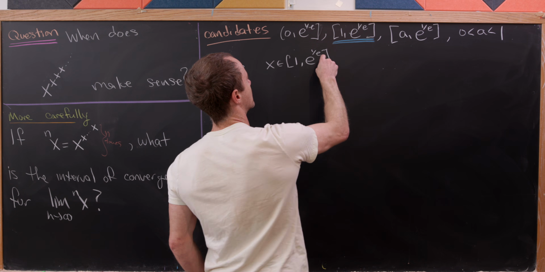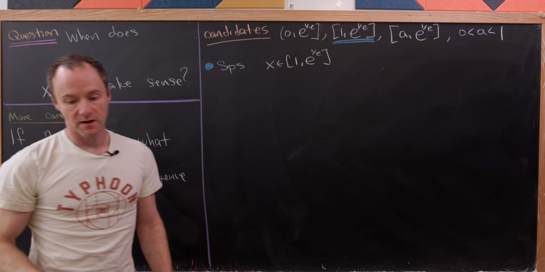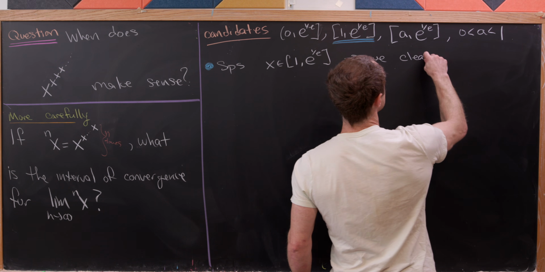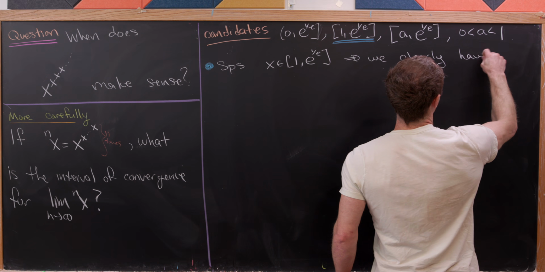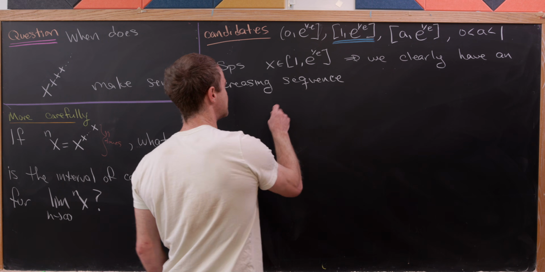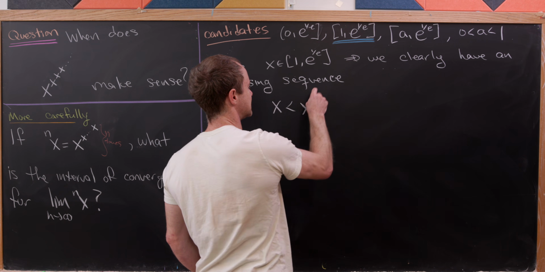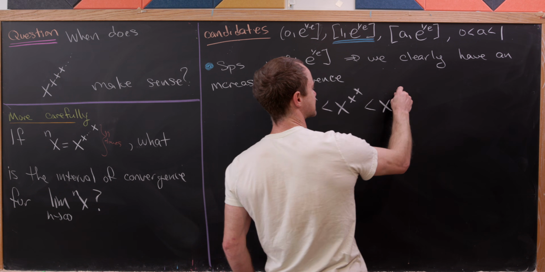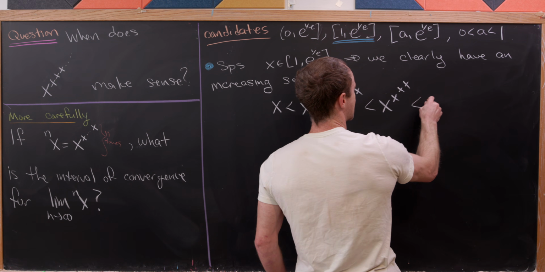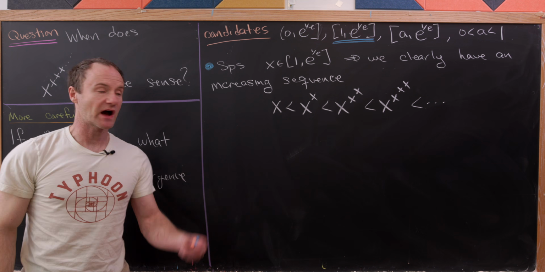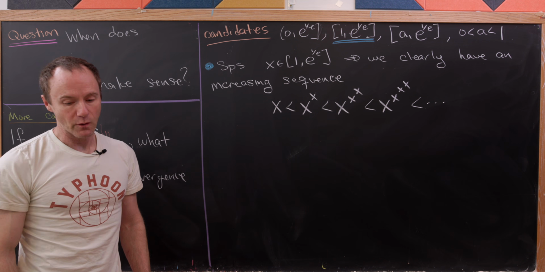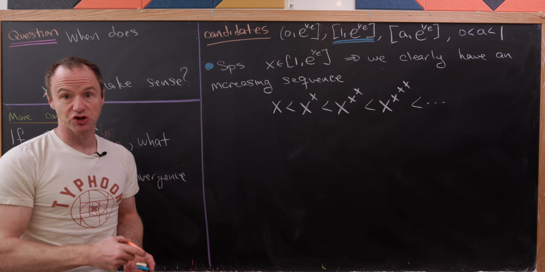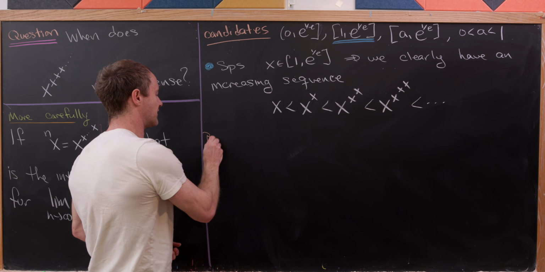Then let's observe we clearly have an increasing sequence: x is less than x to the x, which is less than x to the x to the x, which is less than x to the x to the x to the x, and so on and so forth. So we've got a monotonic sequence. Now we want to show that this sequence is bounded, and it's not so hard to show, so let's see how that might go.